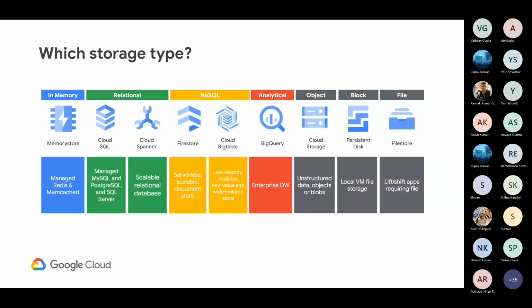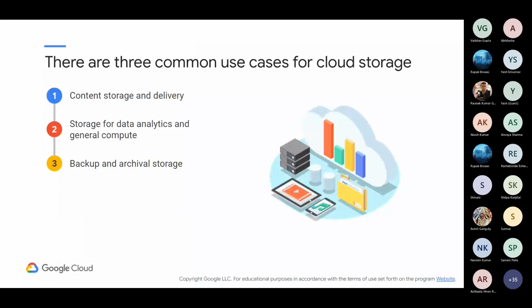So there are three common use cases of cloud storage. One is content storage and delivery. Another is storage for data analytics and general compute, and the third is backup and archival storage. The first kind, content storage and delivery, is the most active one. You gather some data from your users and store it in a database, run some queries or functions on that data and return some of the data to the users.